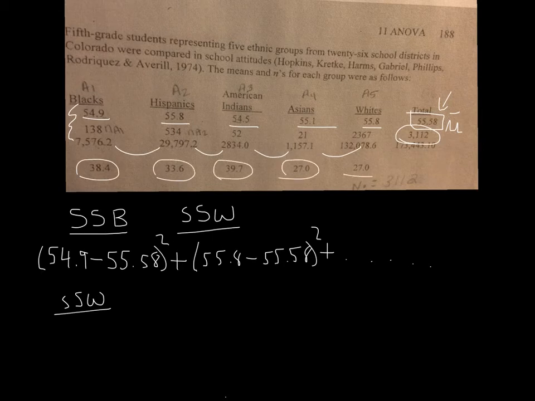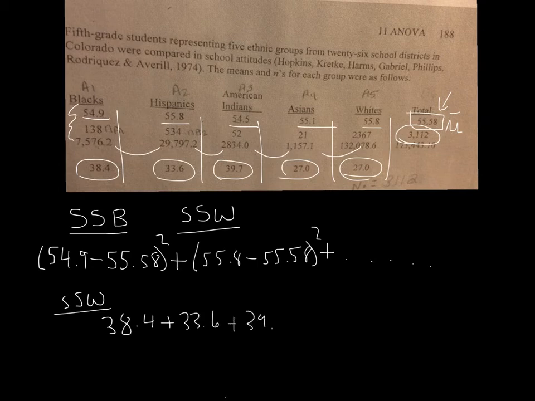This is the S squared, and thus the S squared within each column, right? So this is the SSW. And so we just need to add the 38.4 plus 33.6 plus 39.7 plus 27 plus 27 together to get that sum of squares.